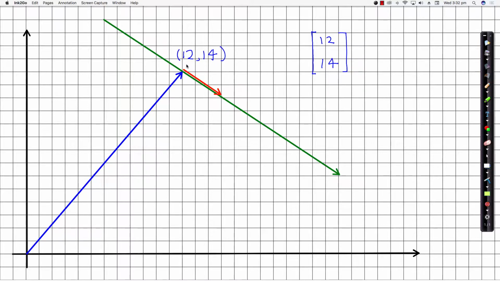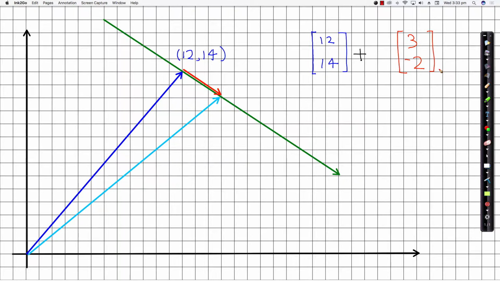This time we draw a light blue vector which starts at the origin and points to a point at the end of our red vector. This vector will be our dark blue vector plus our red vector. That is, our new vector is the vector [12, 14] plus the vector [3, -2]. Adding these vectors, we get the resultant vector [15, 12].